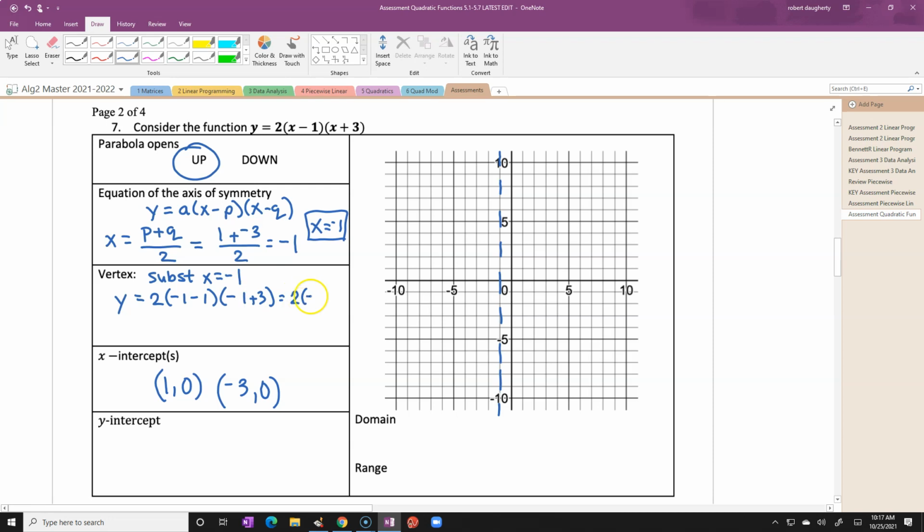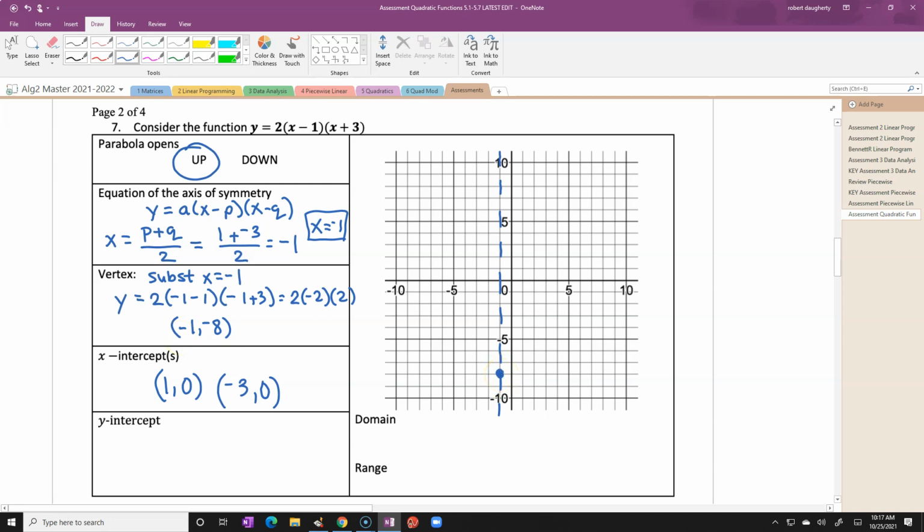So this is 2 times -2 times 2. That is -8. So the only way to write the vertex is it is the point (-1, -8). So that is the point that you see right here.